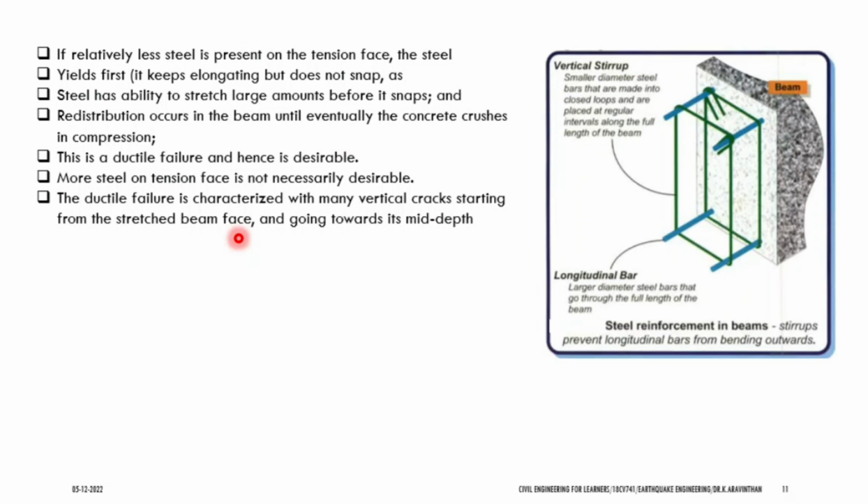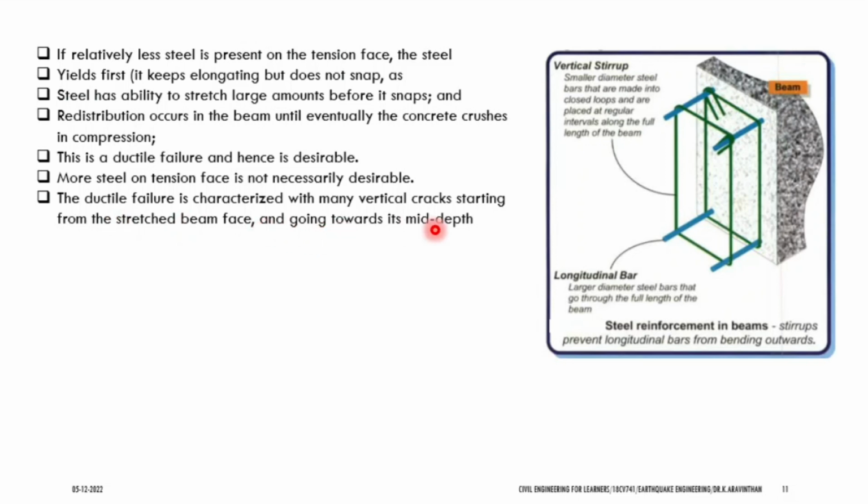Can you see some cracks in your beam? Is it from bottom or from top? Yes. So there is a reason if a crack projects from top or from bottom. So there is technical detail. The ductile failure is characterized by vertical cracks starting from what face? The stretch of the beam face, going towards mid depth.